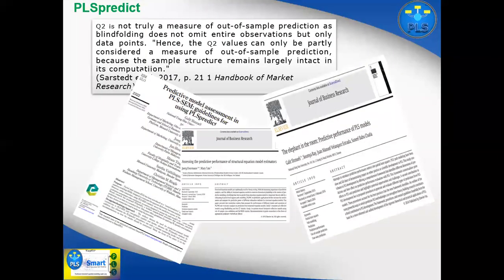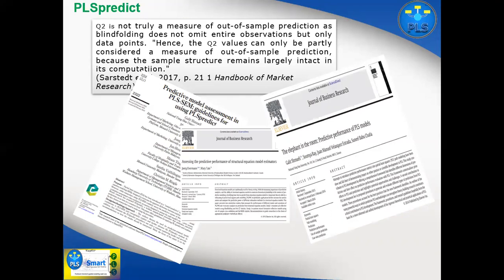But recently, some people came out with a challenge. They challenge the Q square. They say if you want to really get the predictive relevance of a model, you need to measure out of sample prediction. In this case, they say blindfolding is not omitting the entire data set.